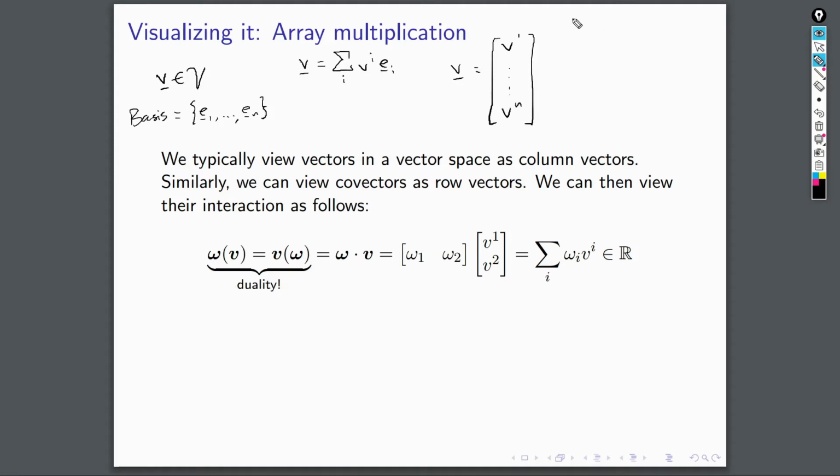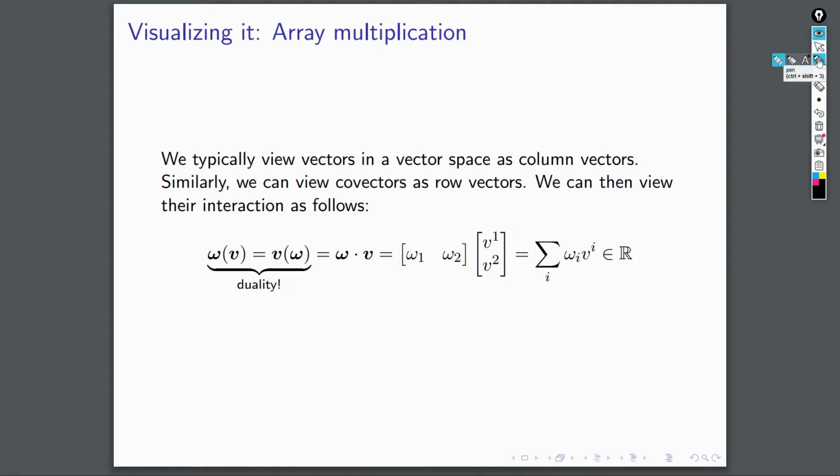All right, so for example, 1 E1 plus 3 E2 is equal to this column vector 1, 3. Okay? So vectors are column vectors. Okay? We view covectors as row vectors.